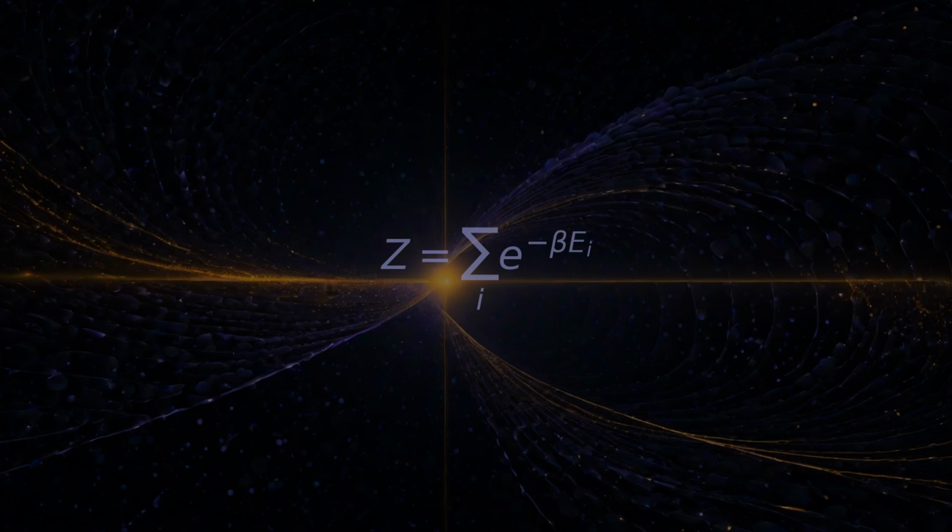Over the following decades, quantum mechanics was developed into a complete and extraordinarily successful theoretical framework by the contributions of many brilliant physicists. Niels Bohr, with his model of the hydrogen atom in 1913. Louis de Broglie, with his matter wave hypothesis in 1924.